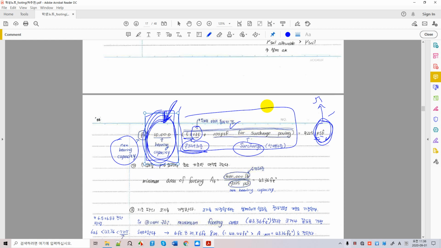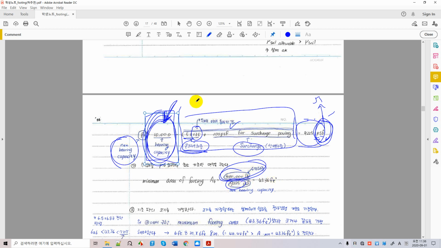So we end up with 9,225 PSF. Now we're ready to compare this value to the stress caused by the loading coming into the foundations. Or you could divide the vertical loading by this value to get the required area.